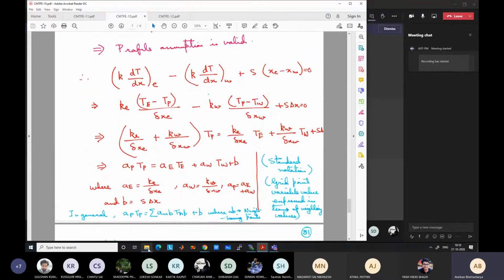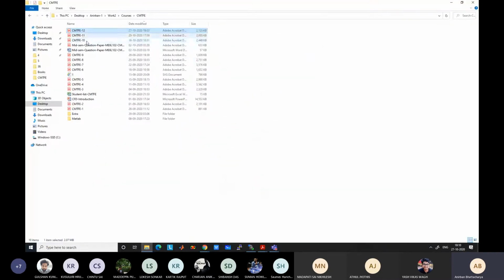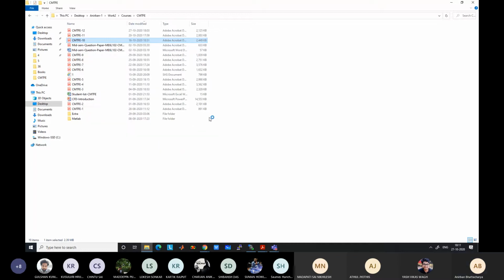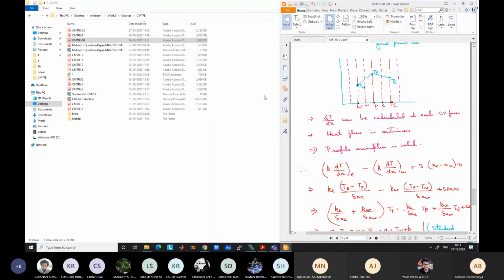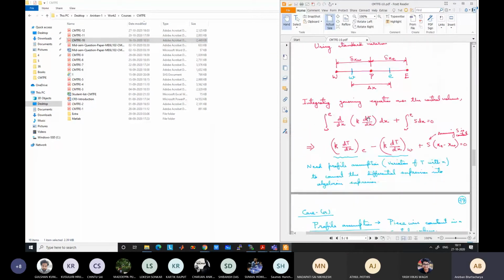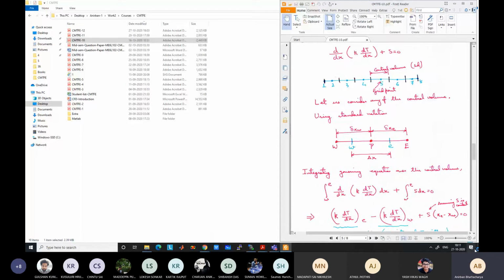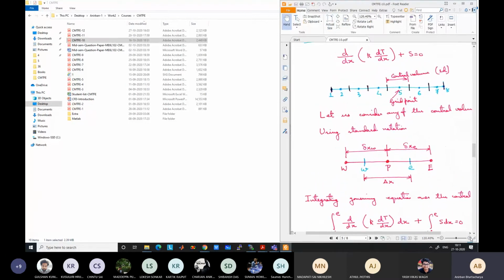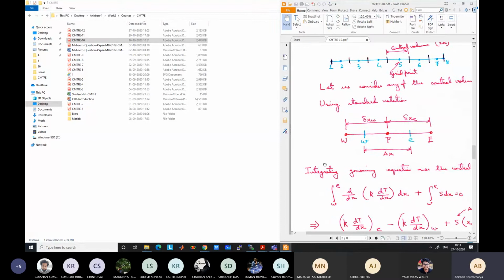Let me open the diagram in another page, and we will keep it open because it is required always. Because there is no board, I cannot keep it open in a board separately. So always keep this diagram in mind whenever any discussion is going on for the next few classes, how the grid points orientation looks like.